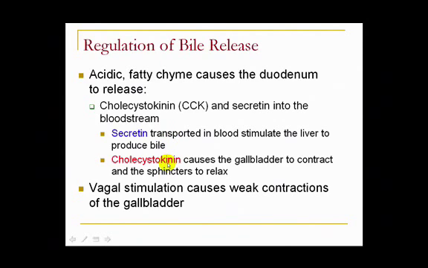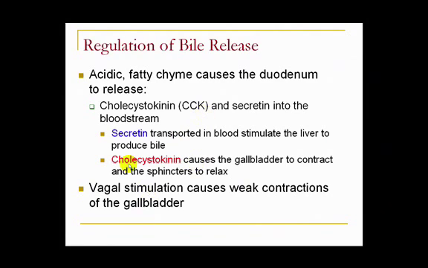And cholecystokinin, this is what chole refers to, and cysto refers to gallbladder. And so it was actually named for this function, even though it has other functions like on the stomach. But cholecystokinin causes the gallbladder to contract and the sphincter to relax so that the bile gets dumped into the duodenum.